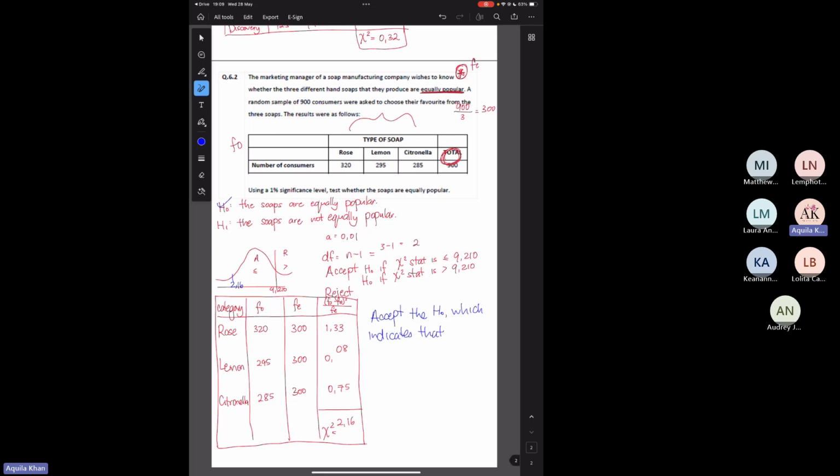If you're saying you accept the null, you're saying that the null is true. And if you're saying that the null is true, then you can literally write down what the null says. So it indicates that the soaps are equally popular.